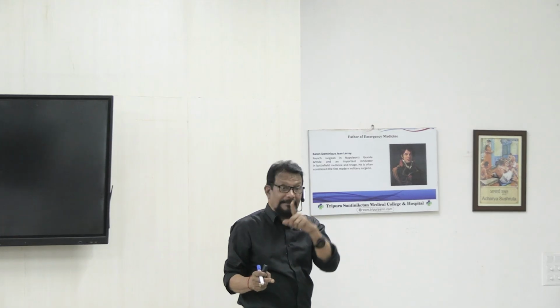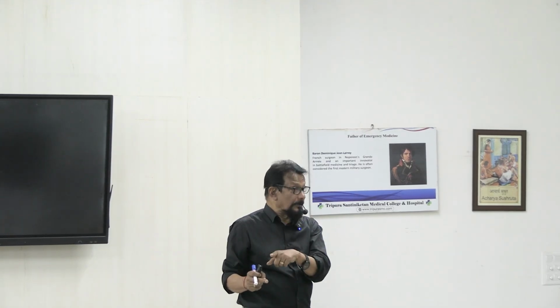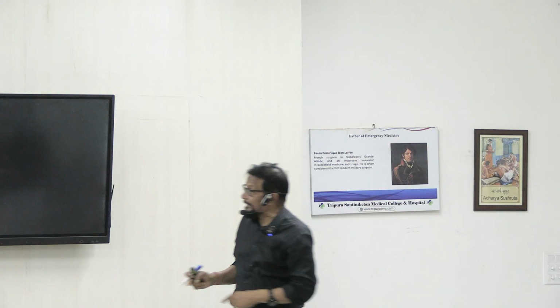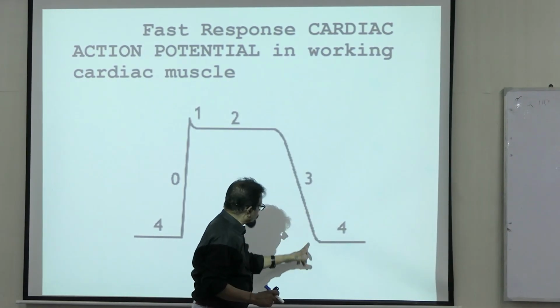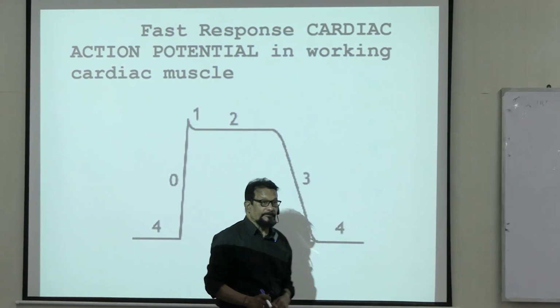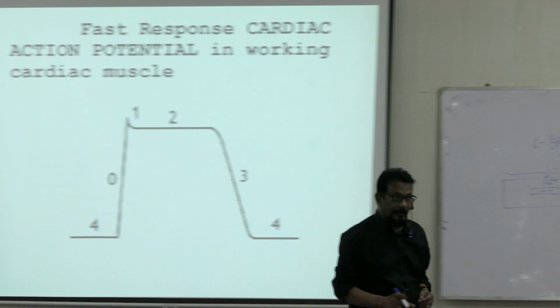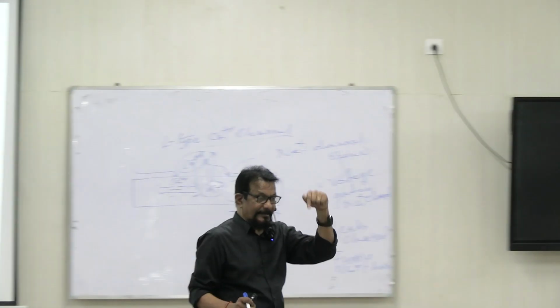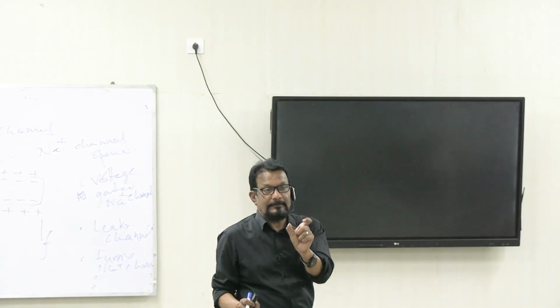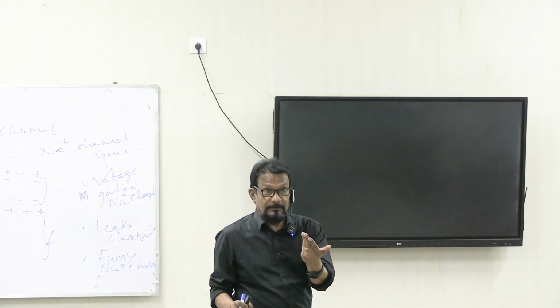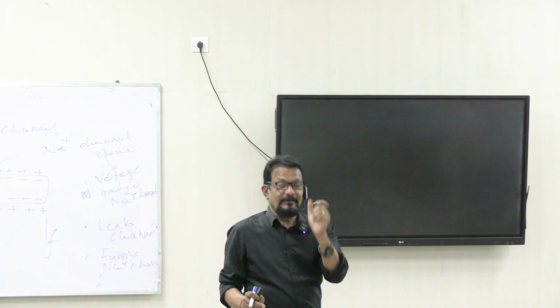The absolute refractory period starts from threshold to this 2/3 portion, and from this portion onward is the relative refractory period. If you apply a second stimulus during the relative refractory period, this cardiac muscle can respond. So this is called refractory period.